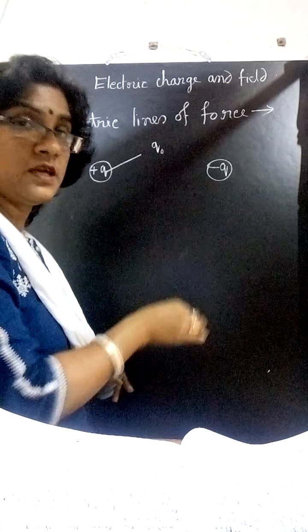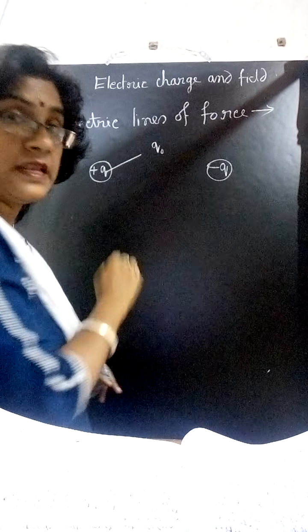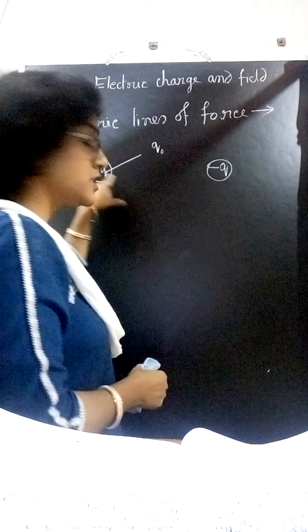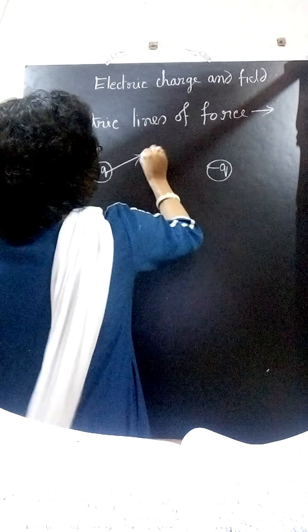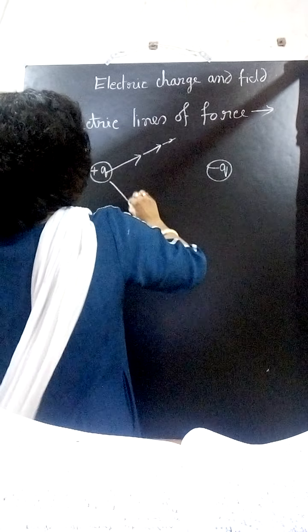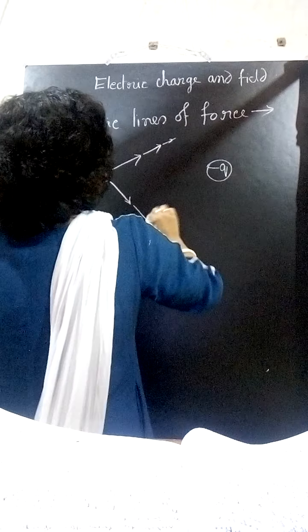Already you have seen in the electric field that any free positive charge kept around plus q charge, the direction of electric field is outwards. So what will be the lines of force? It is of course outwards. You can draw a few more lines.